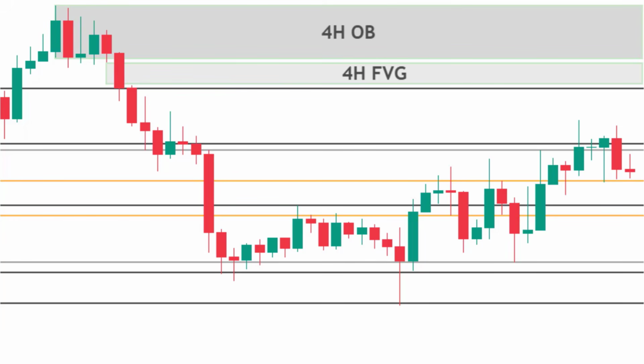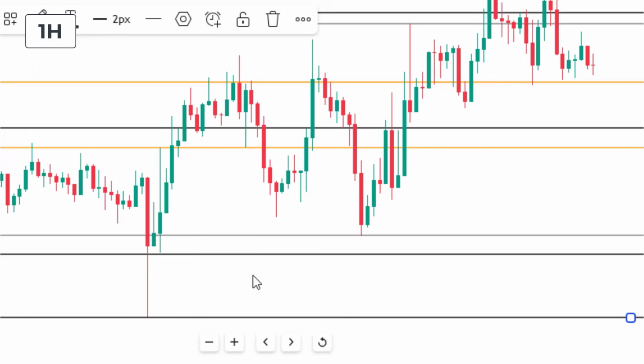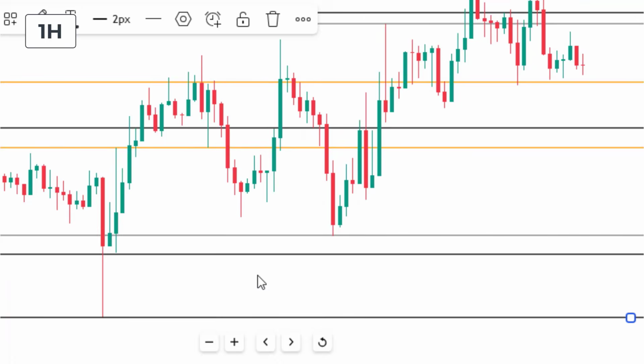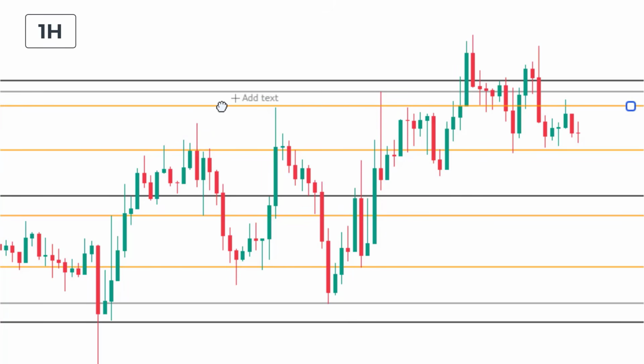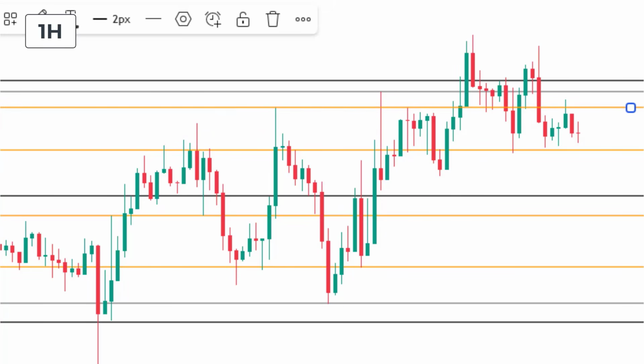Now let's move to the 1-hour chart. Here, adjust the previous levels if needed and mark a few more levels. Now we can move to the 15-minute chart and look for setups.